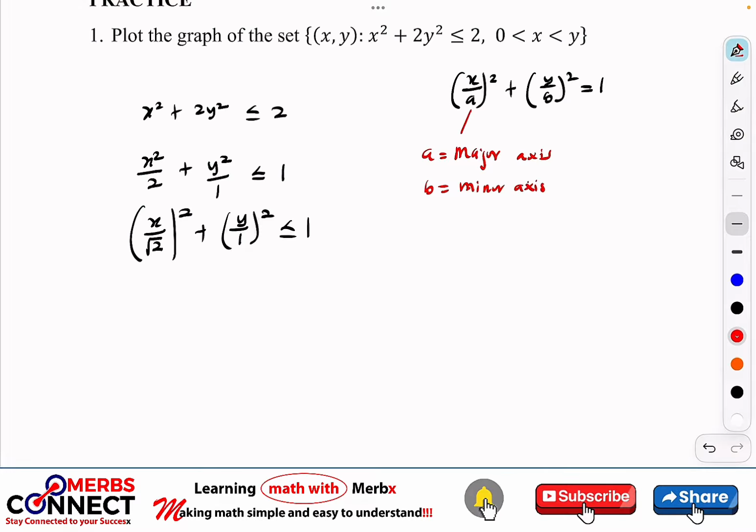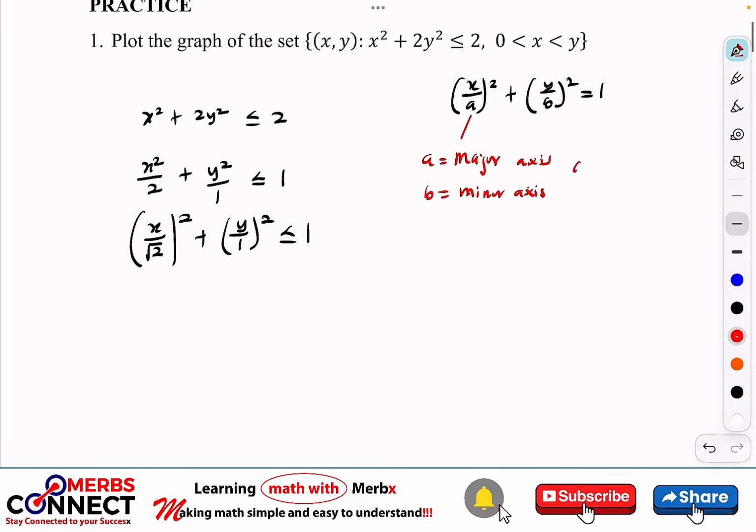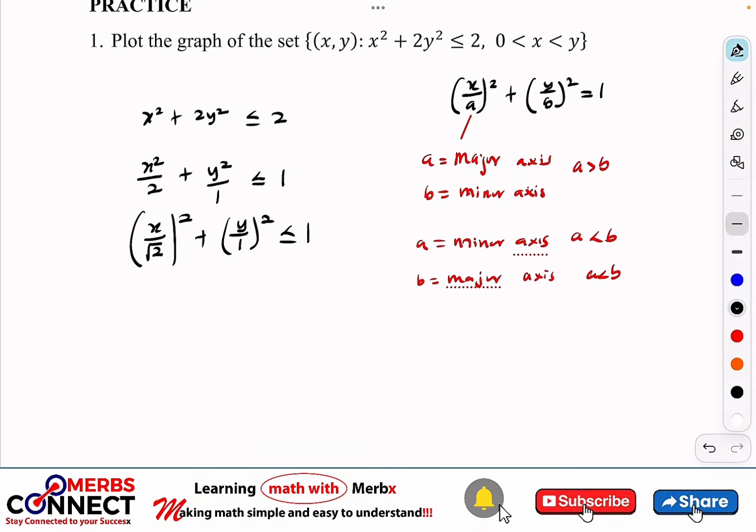So A can be greater than B, and when A is less than B, then A will be the minor axis and B will be the major axis. I think this one will differentiate it very well, right? And we can also call it the semi. So the semi, maybe we can give the semi to the hyperbola, right? So let's keep this one here.